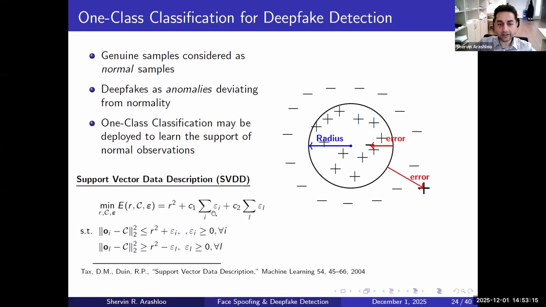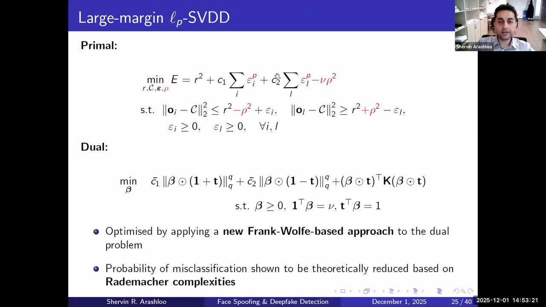You can see that the errors in this relation are linearly penalized. We suggested generalizing these errors by using a power of p bigger than 1. That helps us to nonlinearly penalize errors. That is one contribution. Then we introduce another term to enforce a large margin.